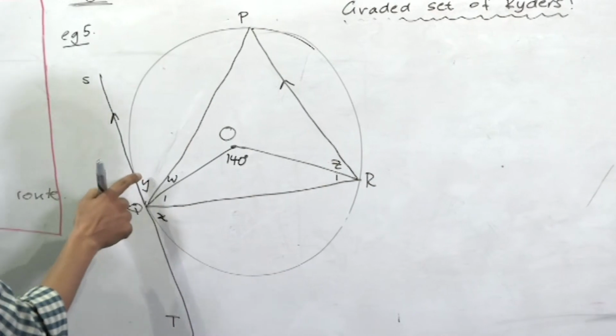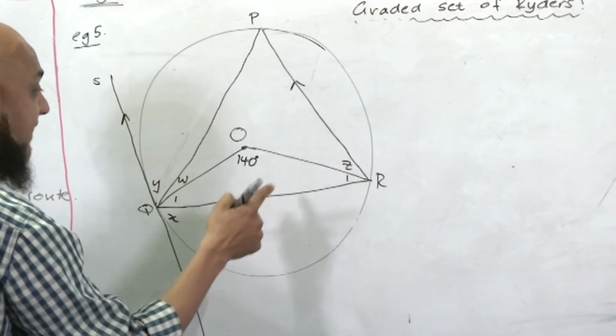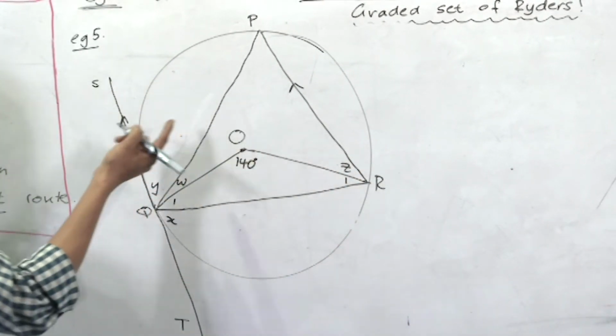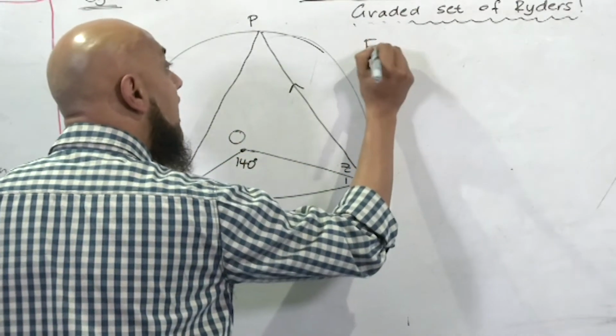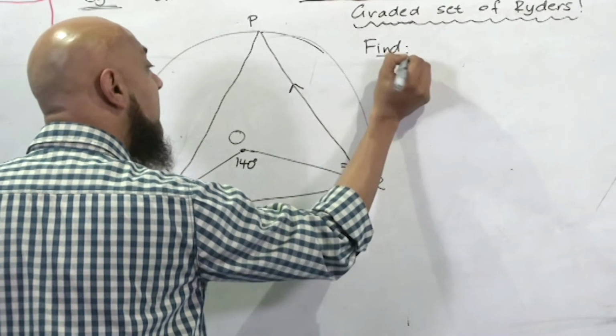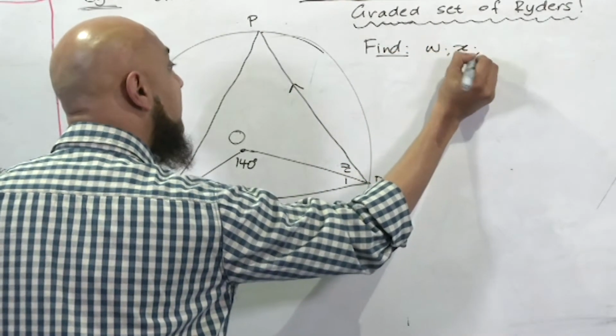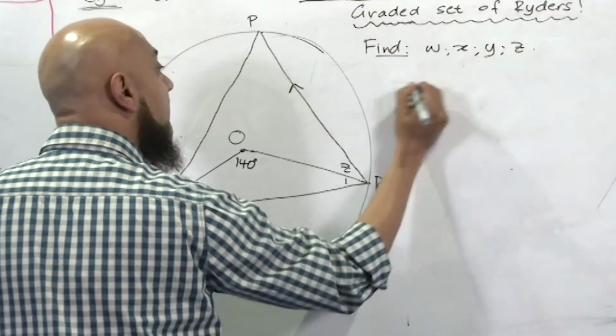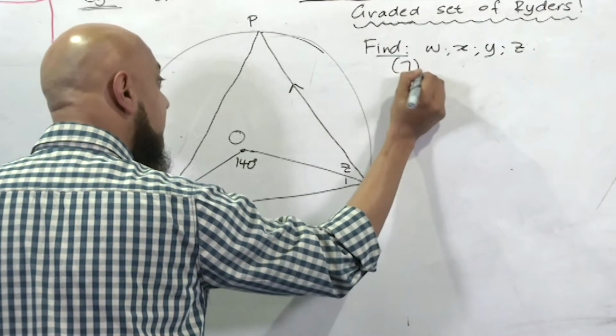So we've got X, W, X, Y, Z. You're not required to find. So basically, what are you required to find? You are required, let's just underline that, to find W, X, Y, Z. Total marks, 7 marks.